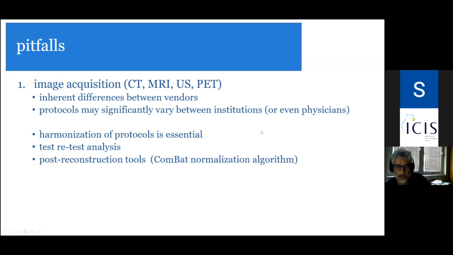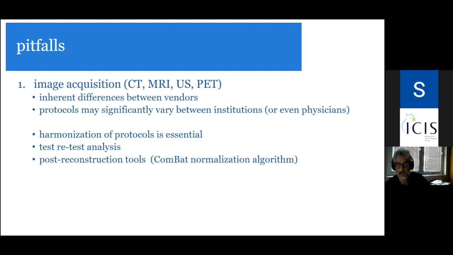So all these considerations lead to the conclusion that harmonization of protocols is essential in order to have reproducible and robust radiomic features. And this is very difficult to obtain if you plan a multi-center study. Sometimes it's even difficult if you design a study at your own institution.